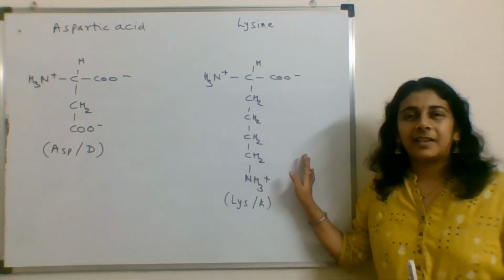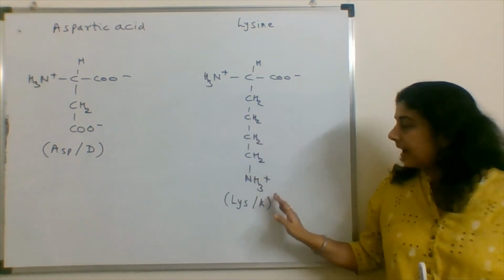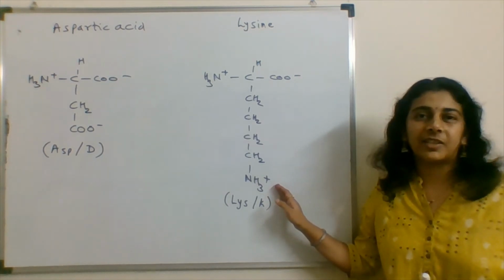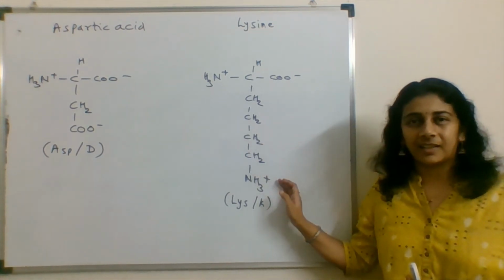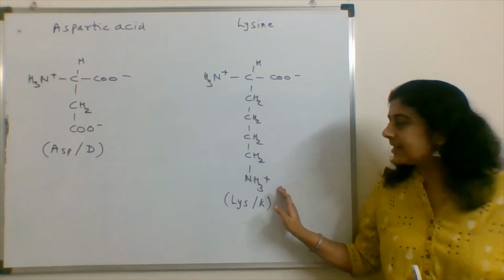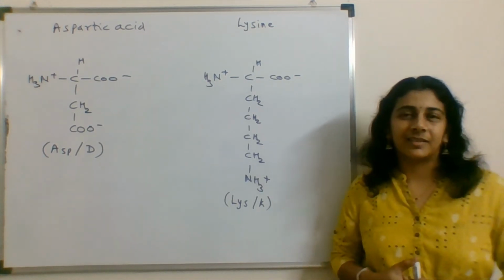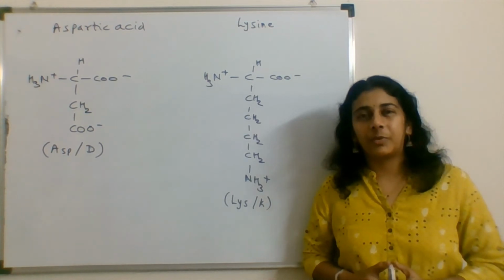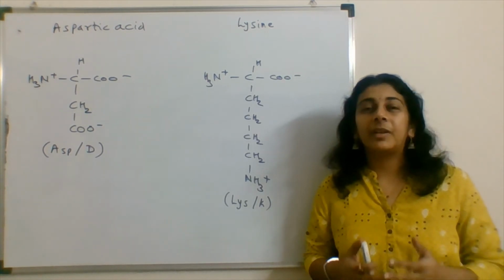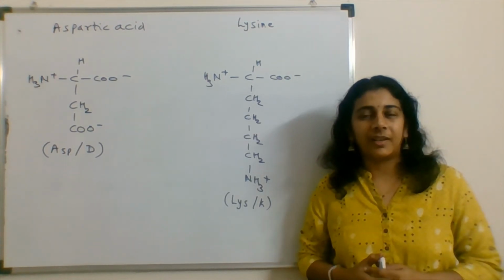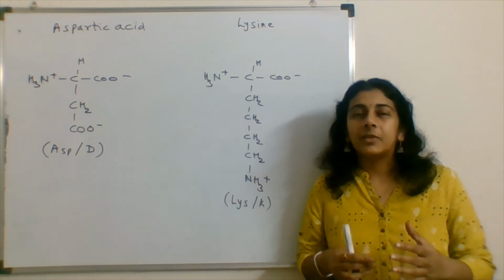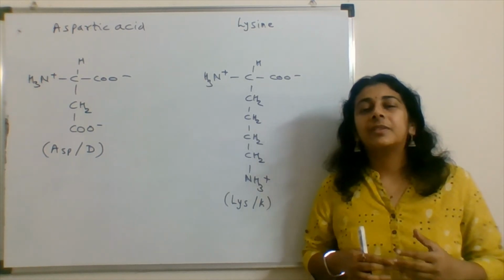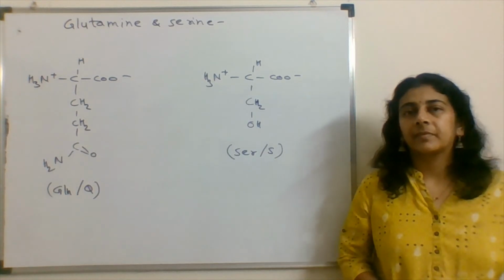Secondly, lysine is having one more NH3 group in its side chain, and hence this is a basic amino acid. Lysine is present in abundance in histone proteins. If you remember the nucleosome solenoid model, the solenoids are made up of histone proteins.